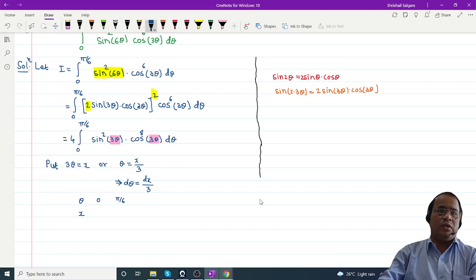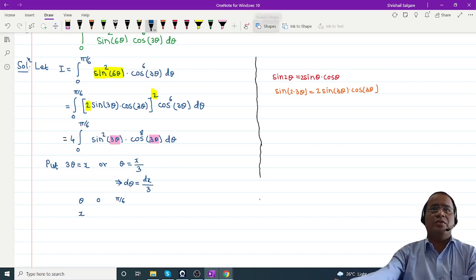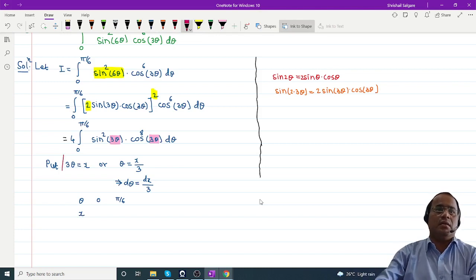New limits for x. So put theta is equal to 0, what is x? 0, obviously. If theta is pi by 6, x is pi by 2, very good. So new limits, as per our requirement, are from 0 to pi by 2.